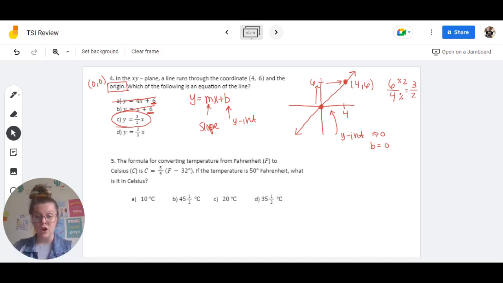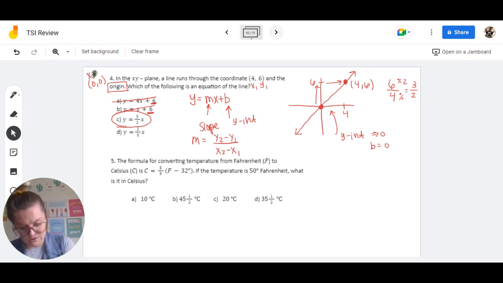Now, the other option, maybe you don't have super nice points, is to remember the slope formula. It says the slope is equal to the change in y's over the change in x's. I technically have a x and y point. This is x1, y1, the x and y of my first point. And technically, this is x2, y2, x and y of my second point.